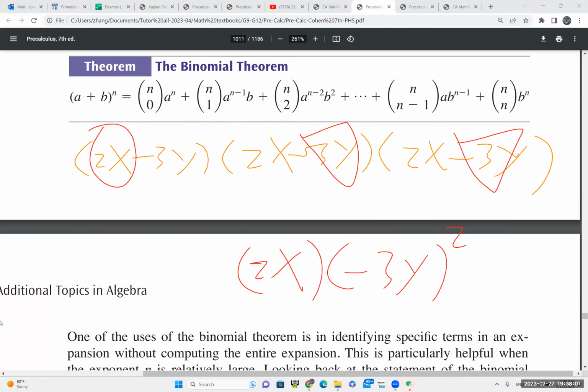For another case, maybe you choose negative 3y here and 2x here, then finally you have to have another negative 3y. So this is just like picking a person.